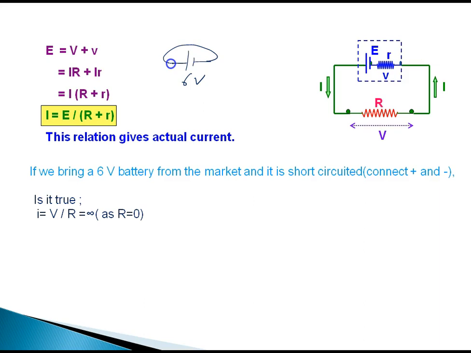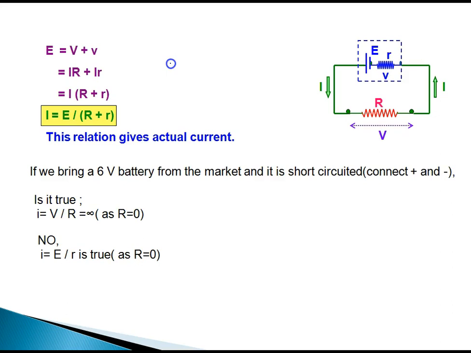No. Reason is that the actual formula is I = E/(R + r). Of course, capital R is 0, that is the external resistance. But there must be the internal resistance in the battery. So you cannot say it. Similarly, again I am telling you, for the short circuiting situation, voltage situation, we have discussed V is given by ER/(R + r).